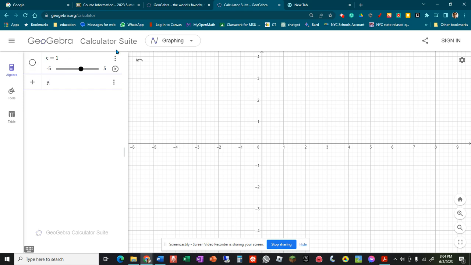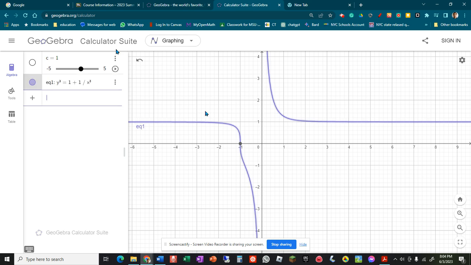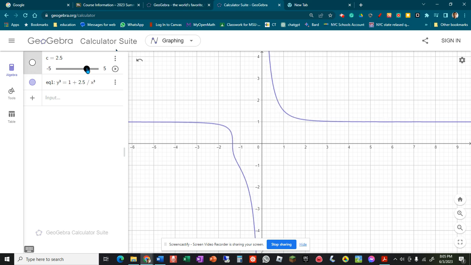So I get y cubed equal to 1 plus c over x cubed. I wonder what the graph looks like. Beautiful graph. I'm really amazed by this beautiful, beautiful graph. And of course, for each value of c you get a solution. So at this point, my c is 2.